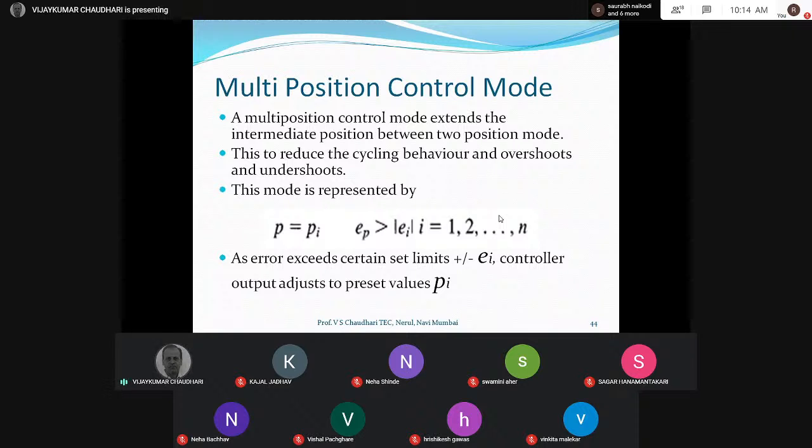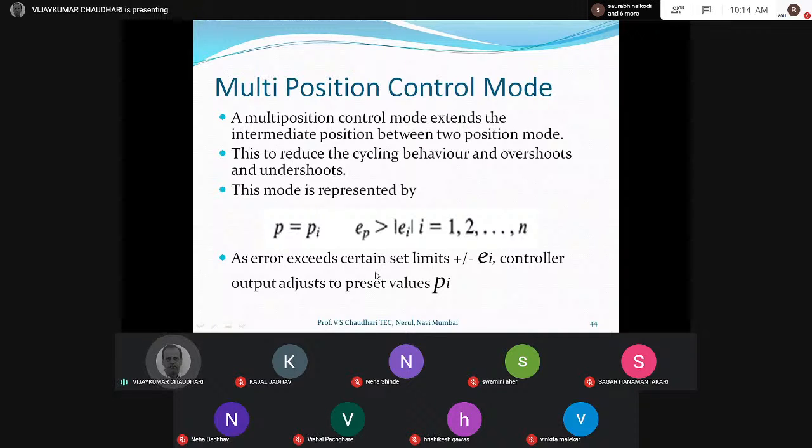So i represents the number of steps to be added between 0% and 100%. If the error Ep is greater than Ei, like E1, E2, E3, E4, then the controller output P has a certain fixed value of Pi, like 50%, 60%, 70%, and so on.